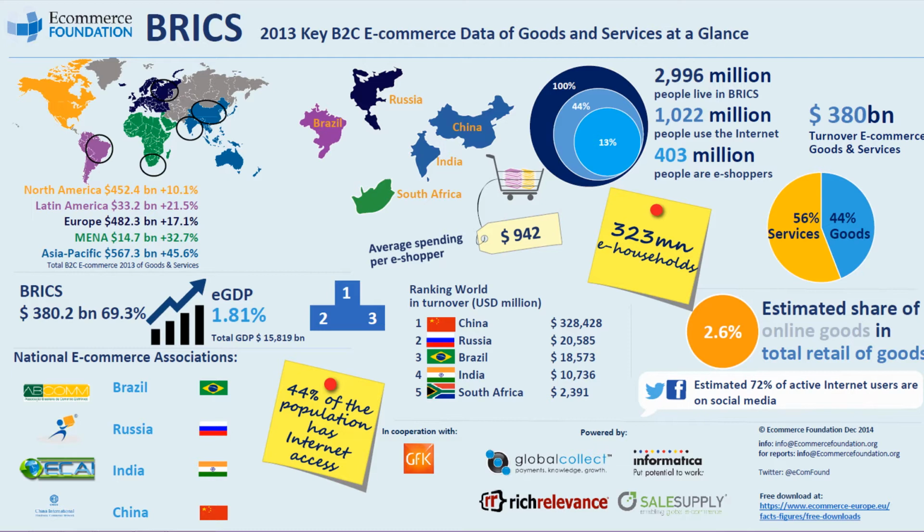So, for example, across the BRICS countries, there are 403 million people who are e-shopping, which is nearly 7 times the population of the UK. There is a very significant amount of e-commerce going on across these economies. So they are developing rapidly and becoming more industrialized. Not only that, but also moving into more technology-based areas as well.